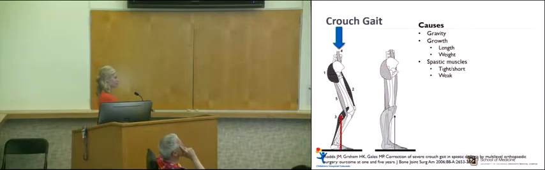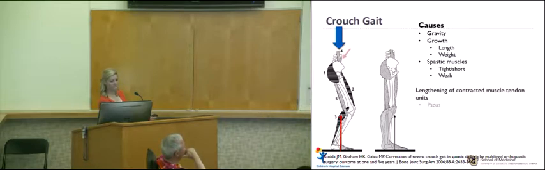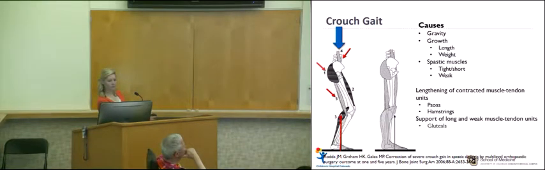Once your knees start to flex, gravity actually accentuates that. The ground reaction force is behind the knee joint. Typically, the hamstrings and the psoas are tight. The quad, glutes, and gastrocs are weak. This is sometimes an iatrogenic problem.